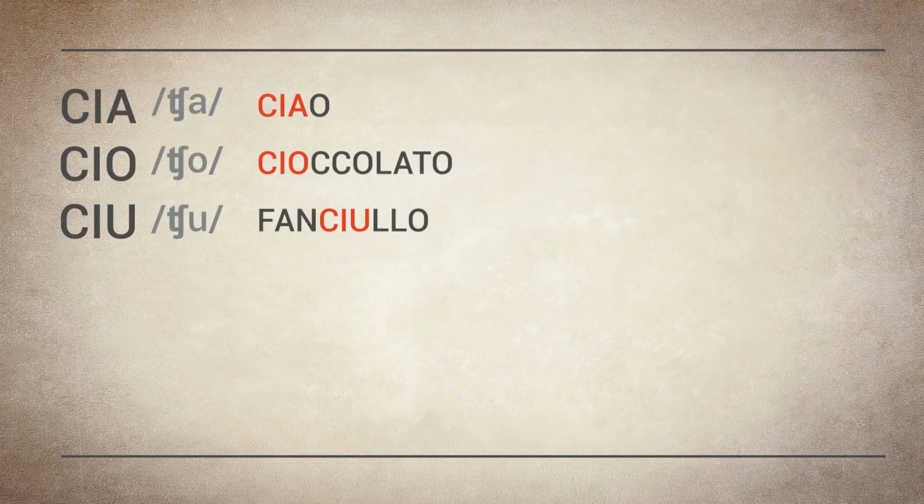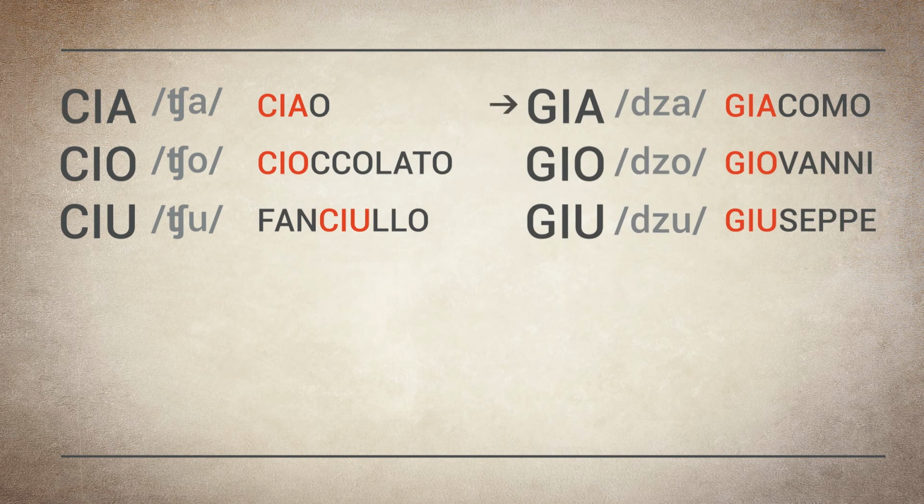Then we have these groups, cia, as in word ciao, cio, as in words cioccolato, ciu, as in fanciullo, gia, Giacomo, gio, Giovanni, giu, Giuseppe.